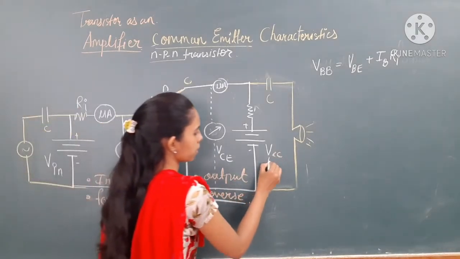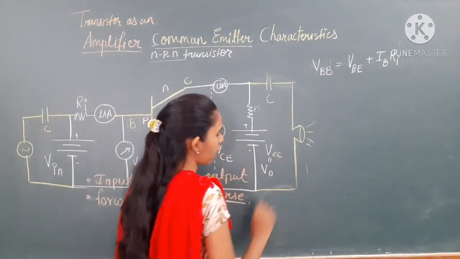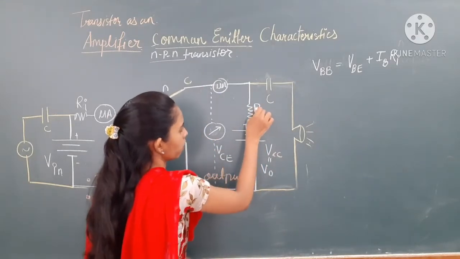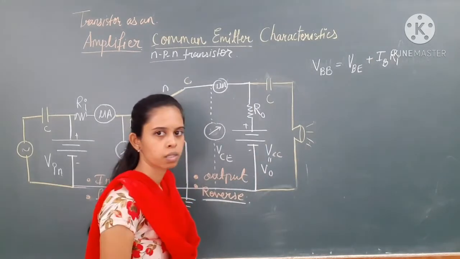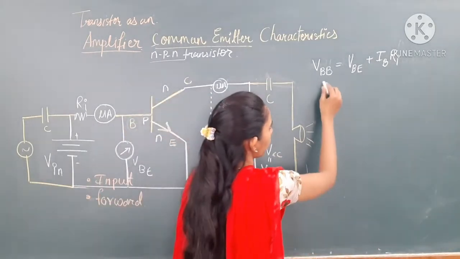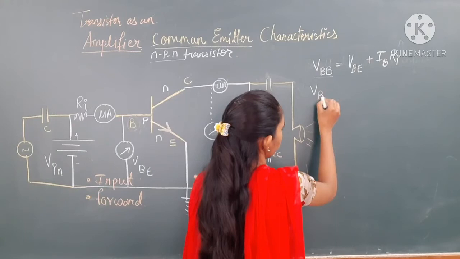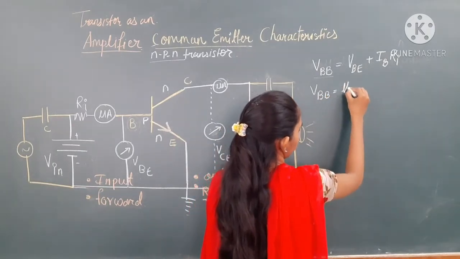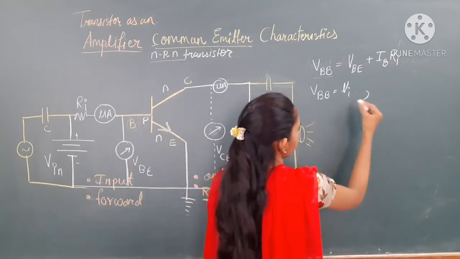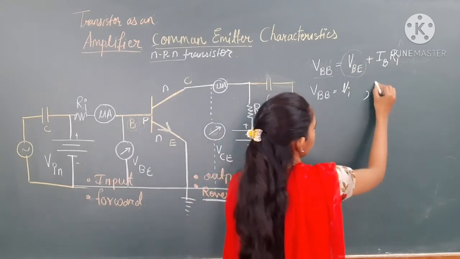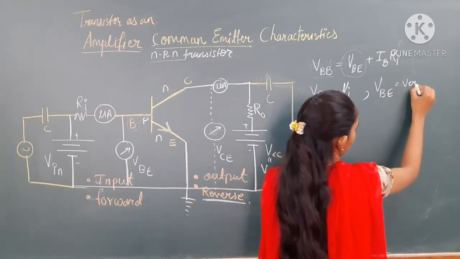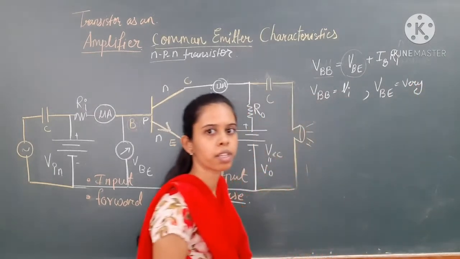This VCC is equal to VO, that is the output voltage. And this resistor which we are using at the collector will be RO, the output resistor. Now VBB is equal to VI, and the voltage across VBE is a very small value.